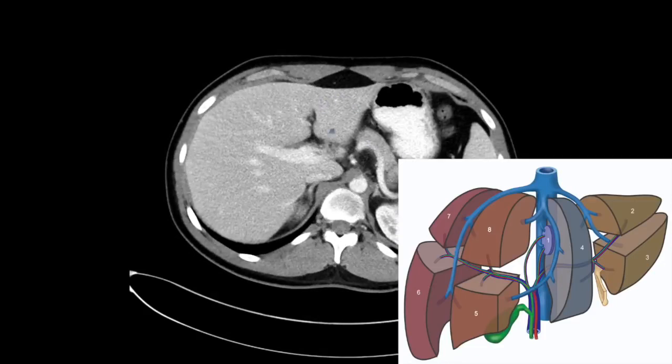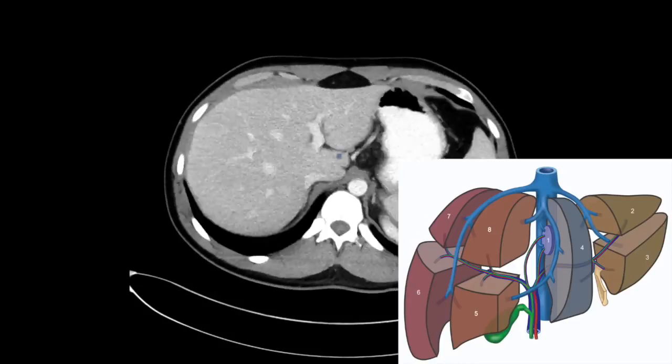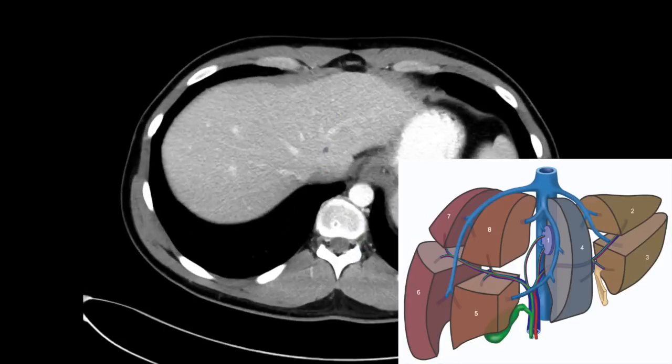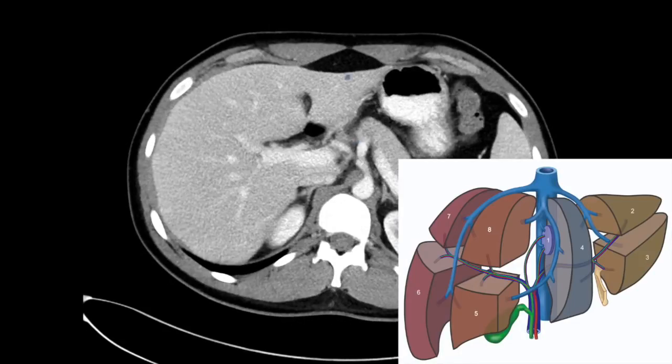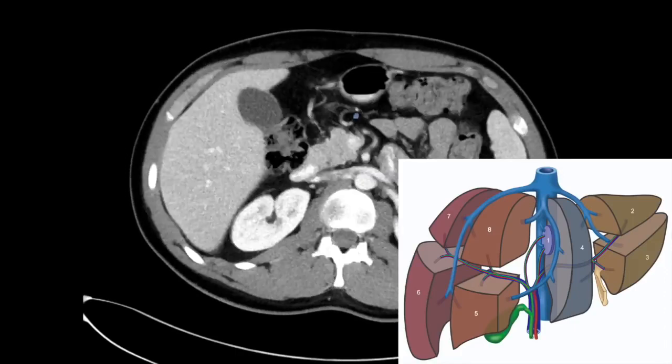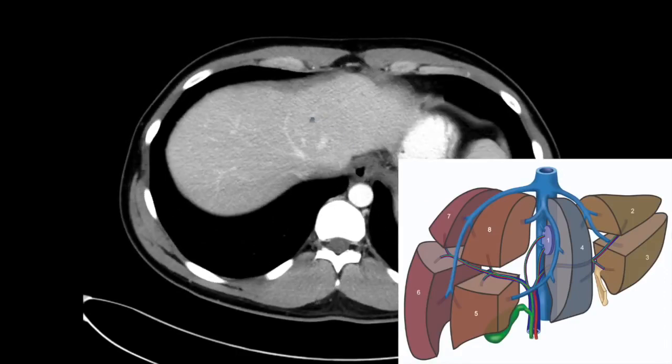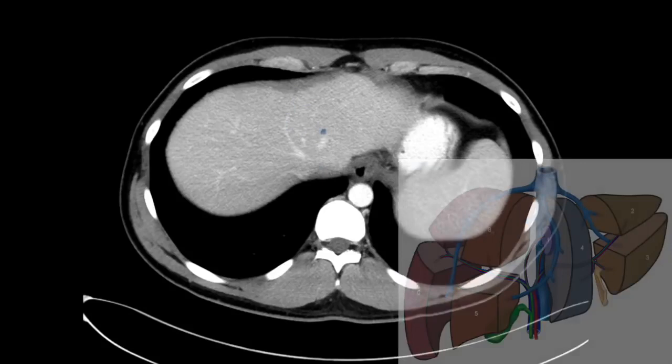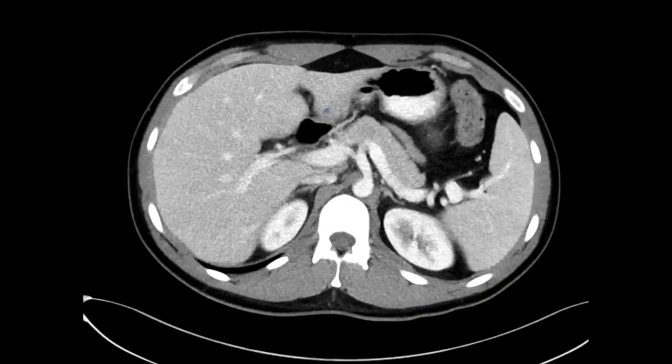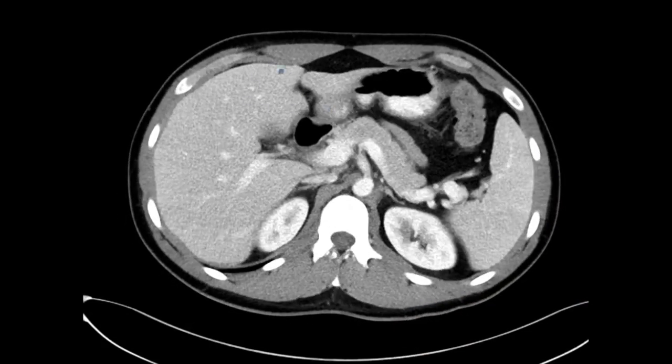Inferior to the left portal vein, but left of the left hepatic vein here, we have segment 3. We have segment 4 that sits between the left and middle hepatic vein here. So segment 4A is above the portal vein, and segment 4B is below the portal vein.